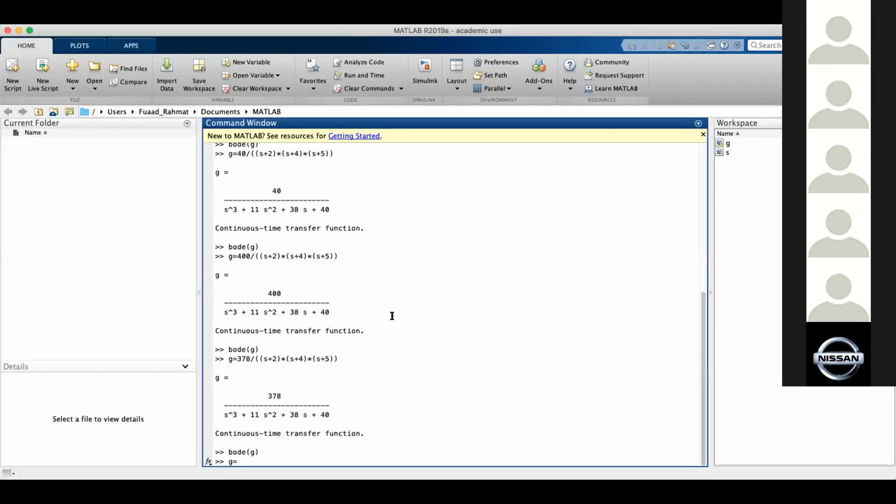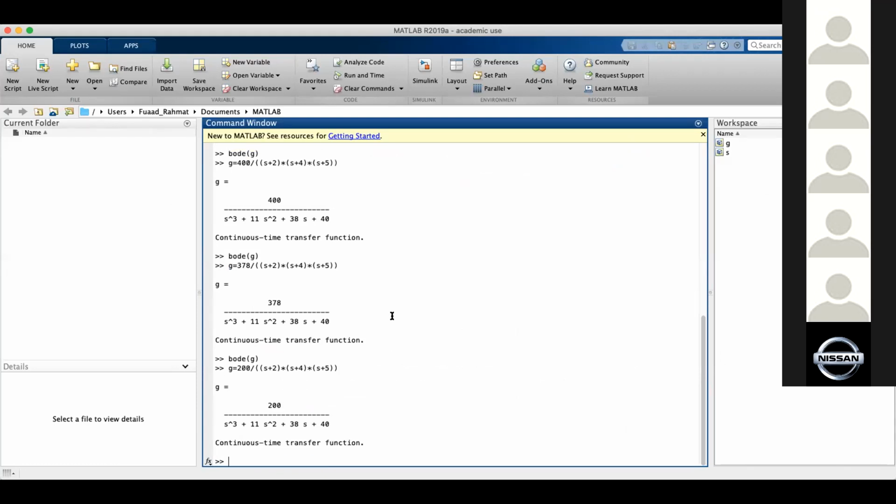G is equal to 200 over (s plus 2) multiply (s plus 4) multiply (s plus 5).